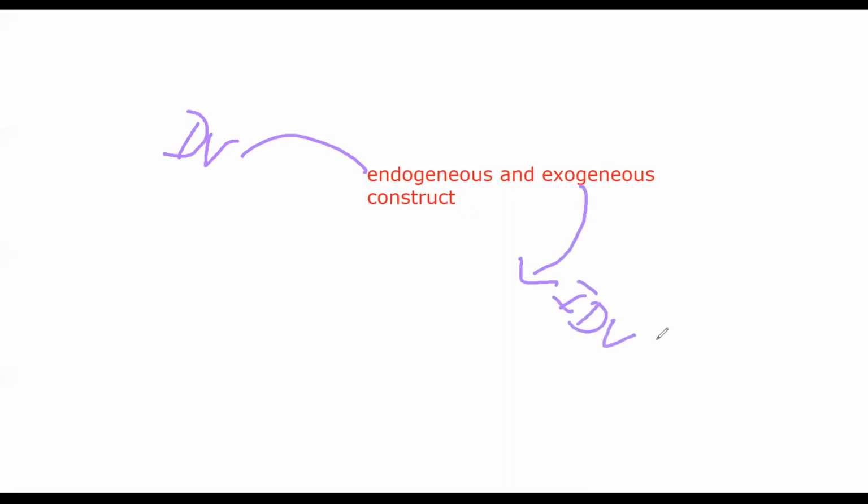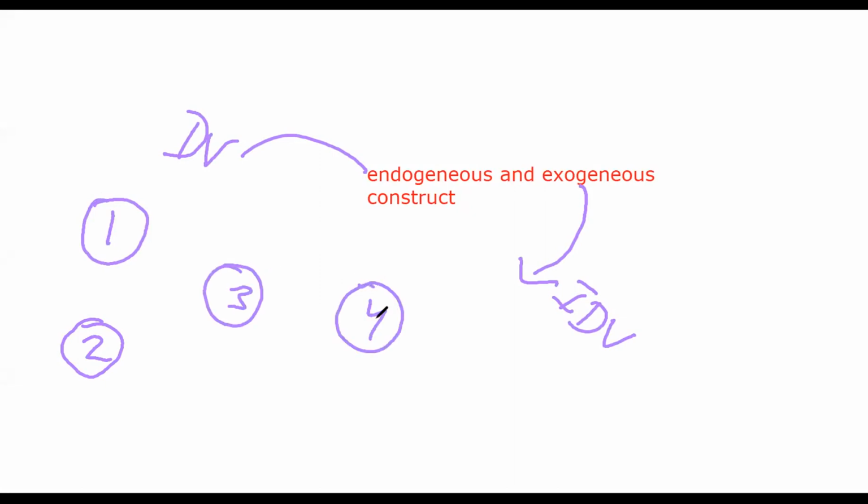Suppose there is a relationship like this: 1, 2, 3, and 4. You will draw a relationship.